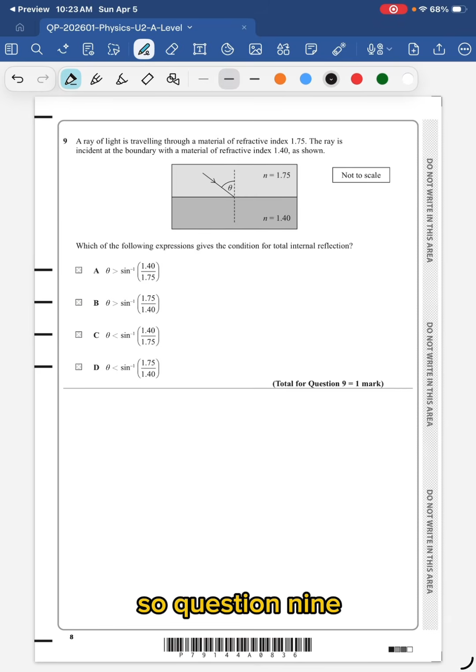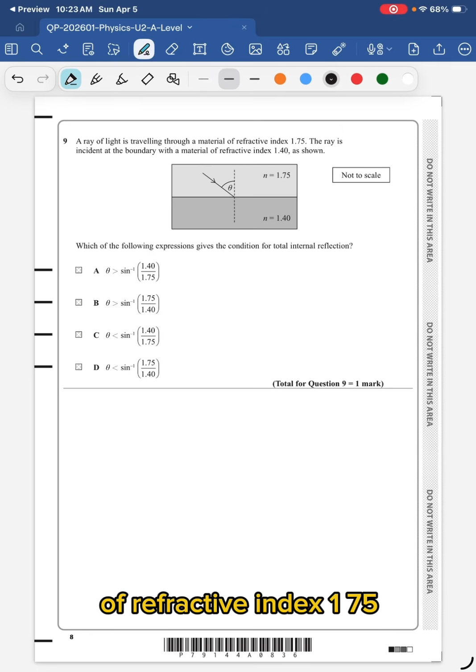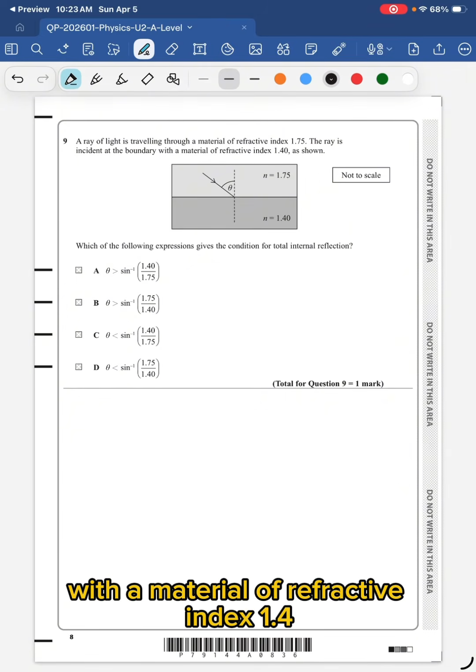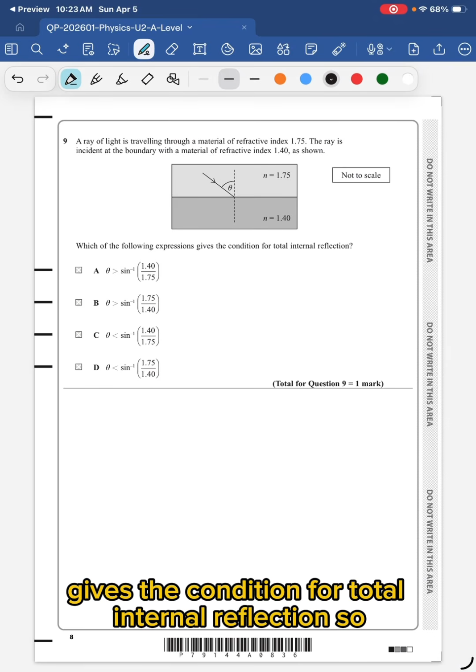Question 9. A ray of light is traveling through a material of refractive index 1.75. The ray is incident at the boundary with a material of refractive index 1.4 as shown. Which of the following expressions gives the condition for total internal reflection?